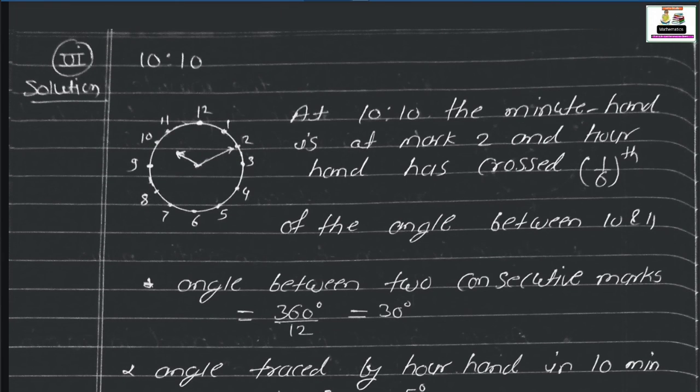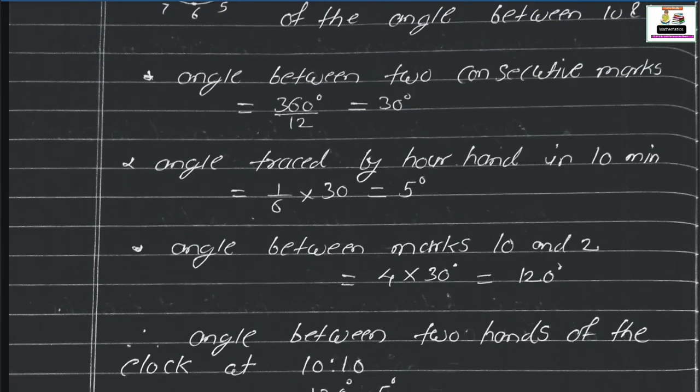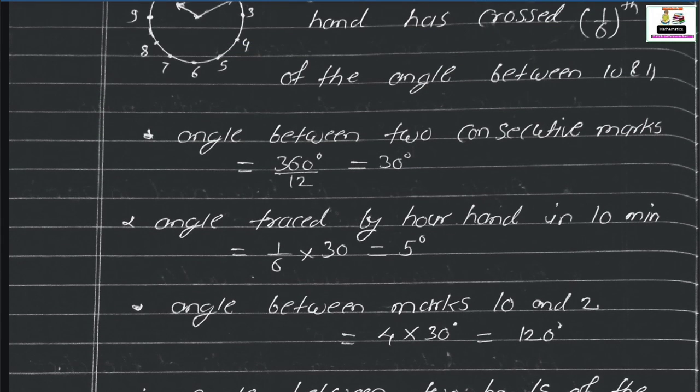See again, this is the angle between the two hands, the angle between 10 and 2. Find first this angle, which is 120 degrees.